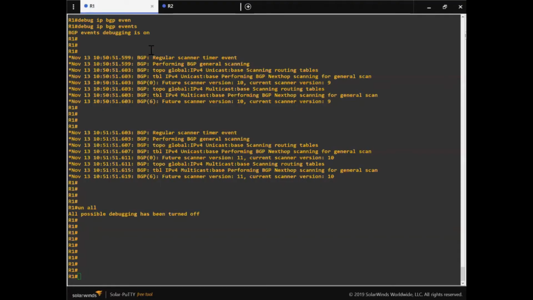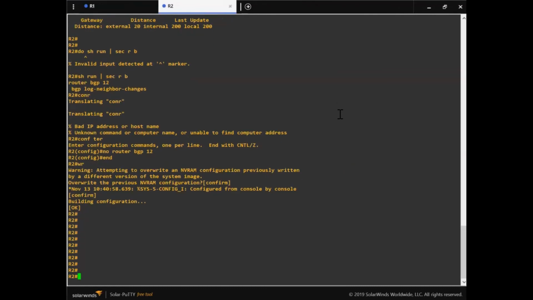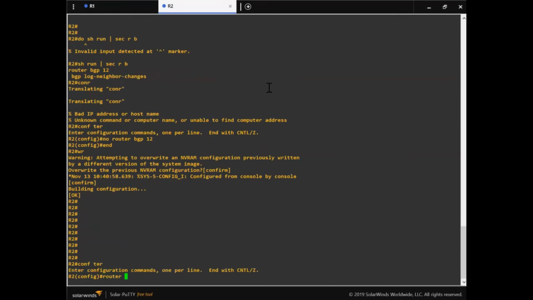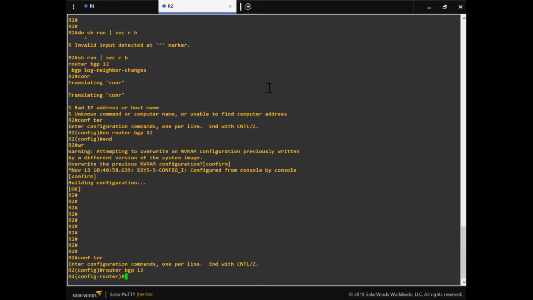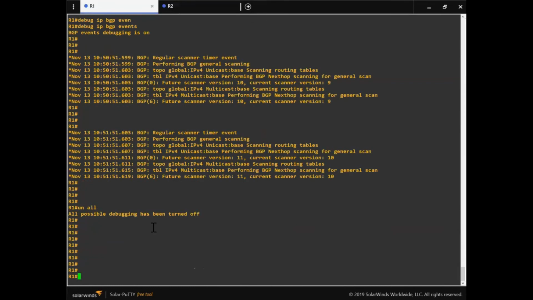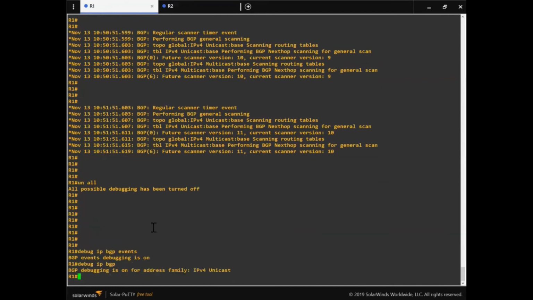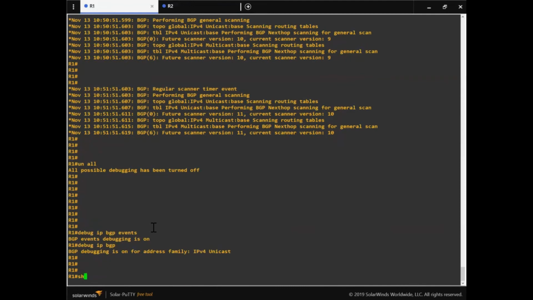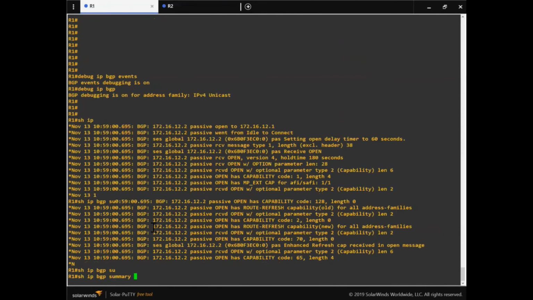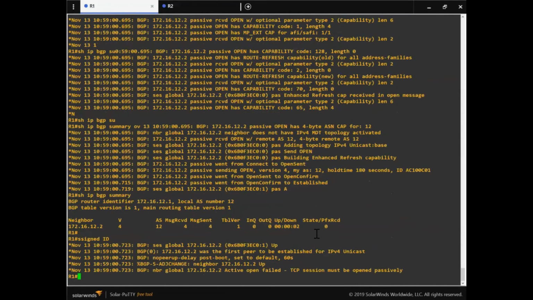I am going on R2 and showing you the BGP configuration. So configure terminal, router BGP 12, neighbor 172.16.12.1 and remote AS would be 12. When I put this, you can see this is up.